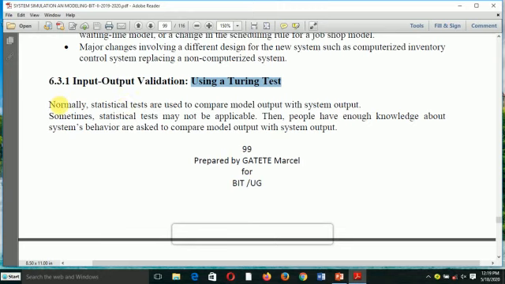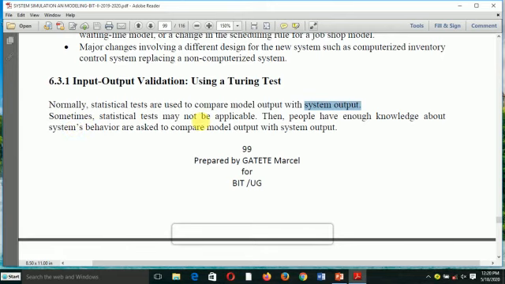It means that generally a statistical test will be used to compare your model output with the system output. The model output is what you have designed. The system output is the real system. So you are going to use a statistical test.